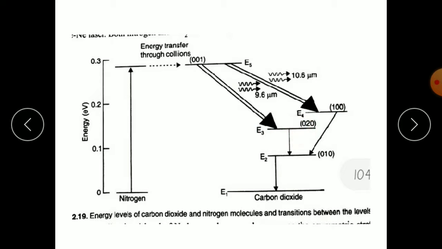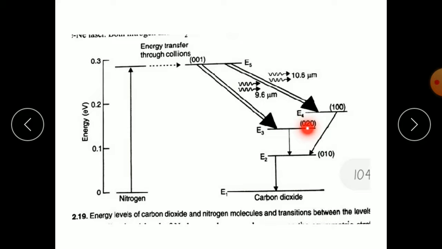Again, these are E4 and E3. These energy levels have this 1, 0, 0 level, which means it has only the stretching mode, and the other two modes have zero quanta of energy. This E3 energy level has only the bending mode.